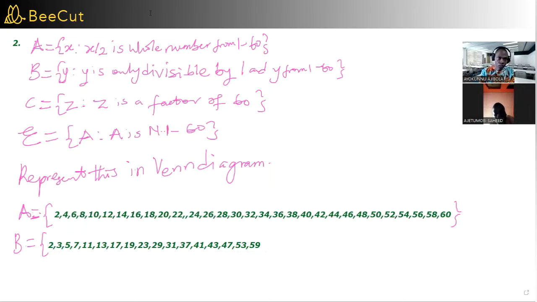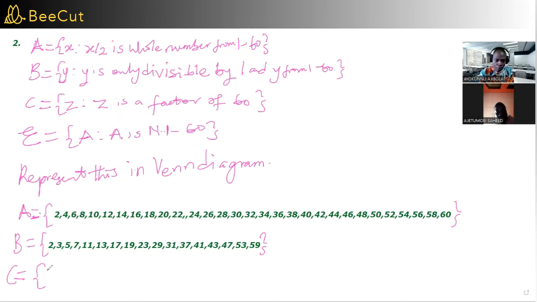So this is the combination of all the members of B. So we're able to bring this out now. So let me close that page. After closing this, I need to list all the elements of C. C are factors of 60 that are present from 1 to 60.